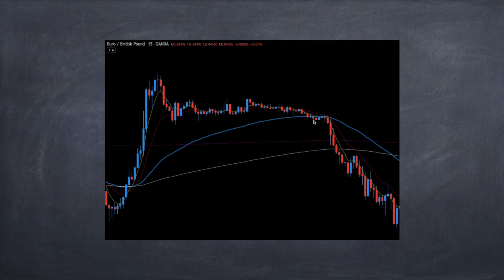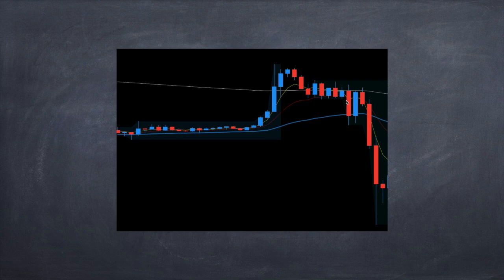So you can't just wait for a crossover. You have to wait for the pattern to break that initial structure that it creates, right? So basically you can make a line here and a line at the bottom. As soon as it breaks that line at the bottom, you can enter the trade.